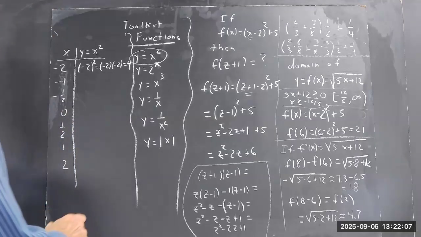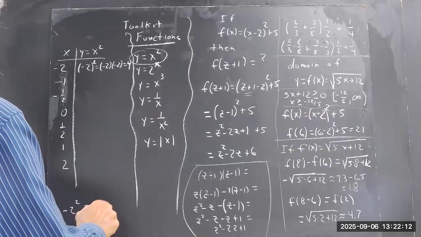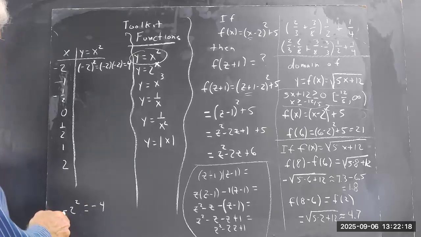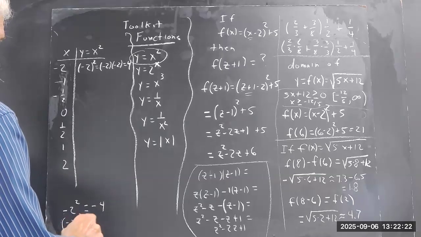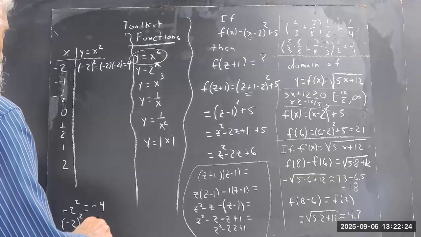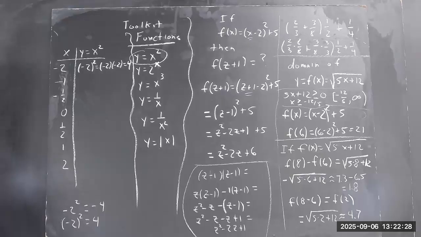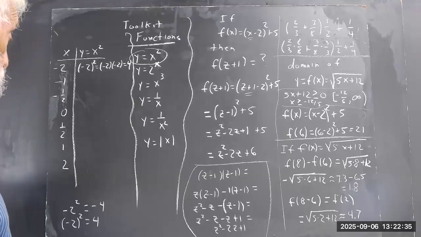Make a comment down here. -2 squared, written without parentheses, is -4, because of the order of operations: you square the 2 before you apply the negative. If you want to square -2, you'd better put it in parentheses. Now, some calculators, if you put this in, will tell you it's 4 because they're not respecting the rules of arithmetic and confusing the issue.